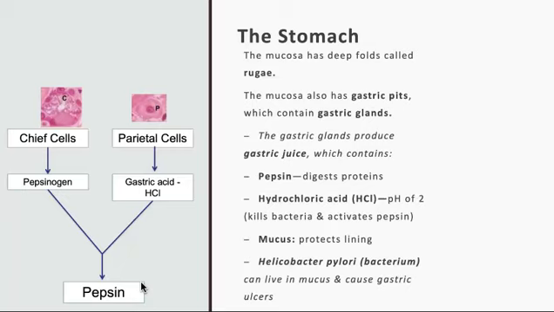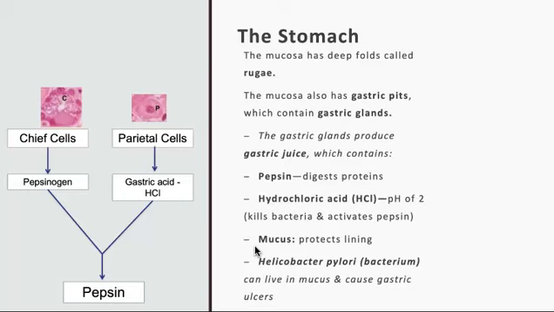And that is because pepsin is so strong that if we do not have food within the stomach, let's say you have an empty stomach, pepsin can start to digest the inner lining of our stomach. So that's why we have it inactive until we need it. And then we also have mucus that is going to be secreted, and this helps to protect the lining from that mucosal digestion that we mentioned.